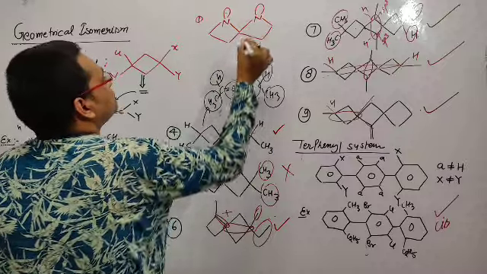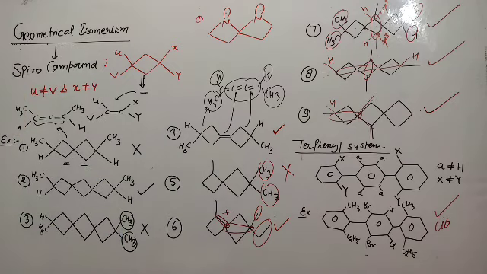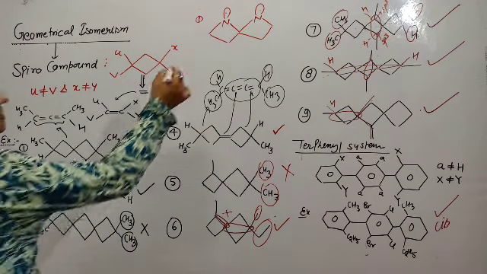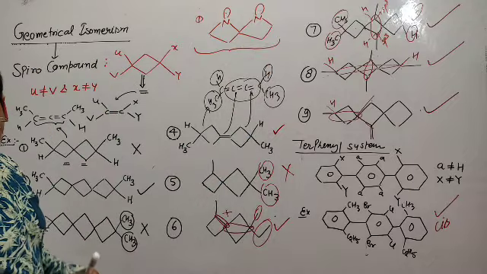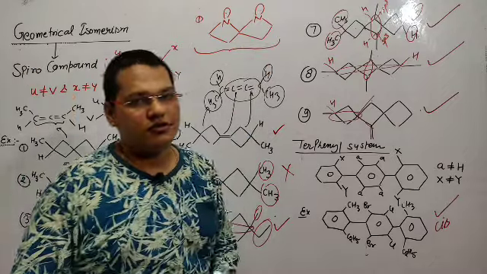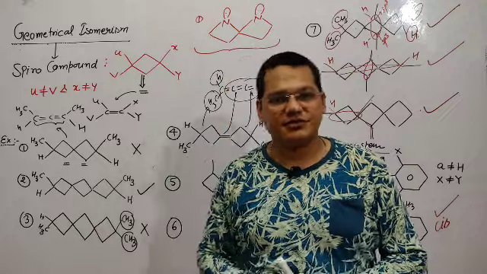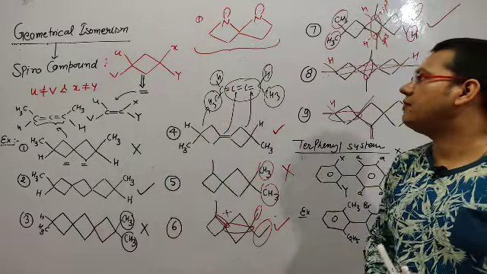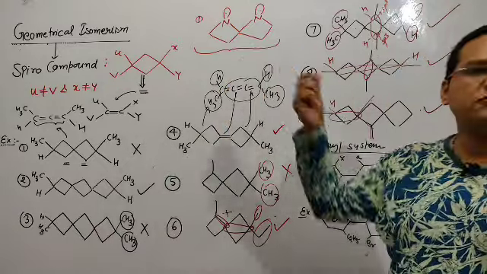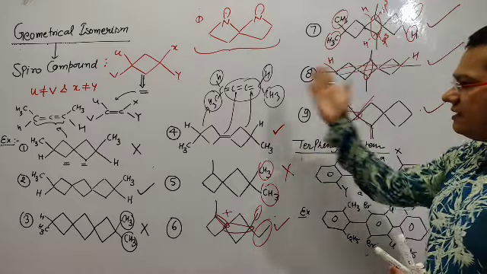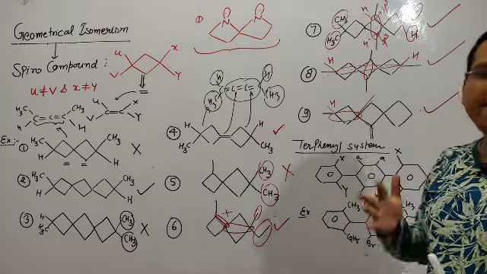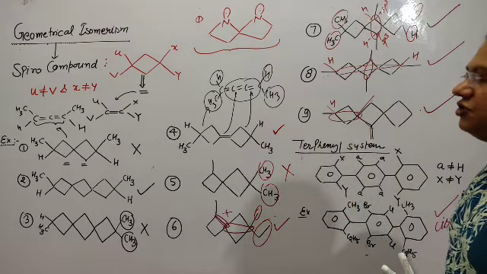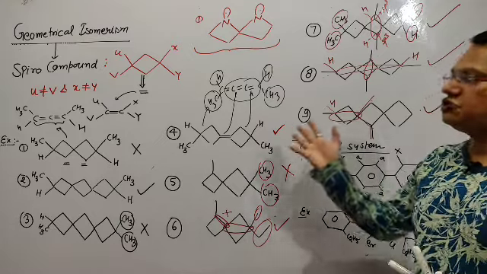Does this molecule show geometrical isomerism or not? So based upon the concept, please try to solve this problem. The answer is, student, this molecule shows geometrical isomerism. How it depends on you, what you think about this problem. So please analyze all the concepts and utilize every problem, and you can easily do it based upon this theory.